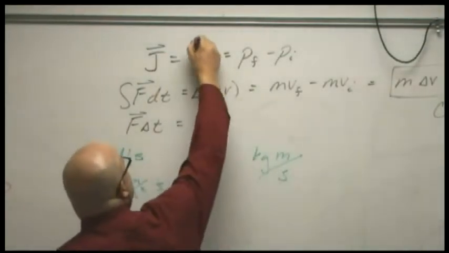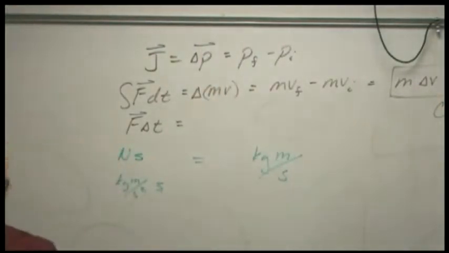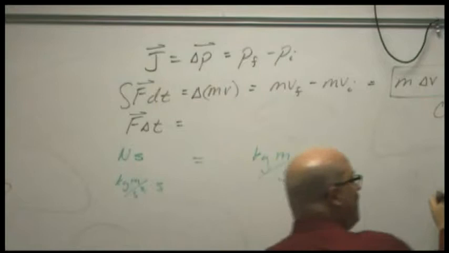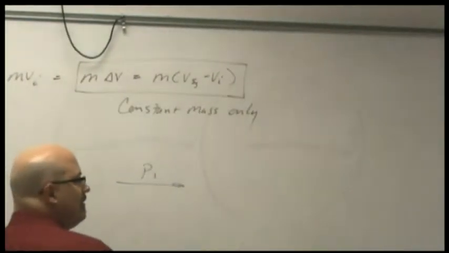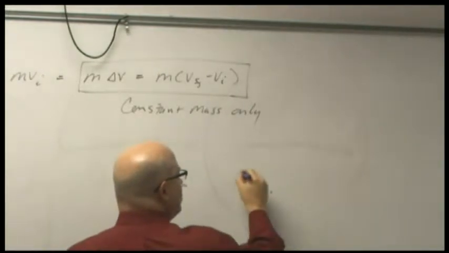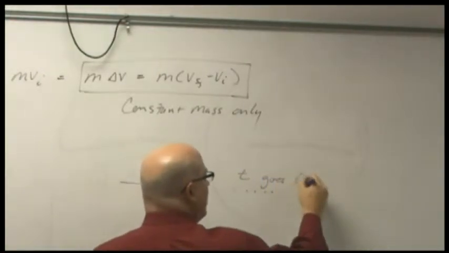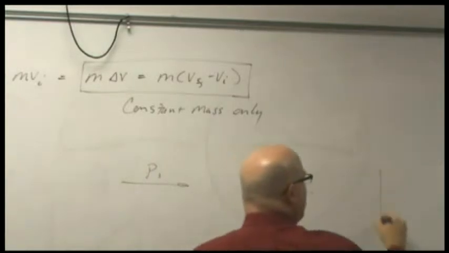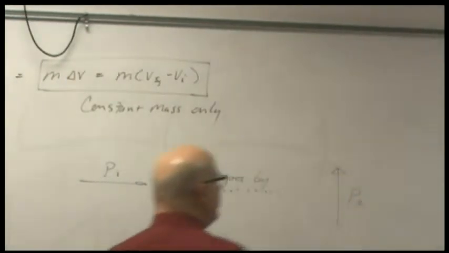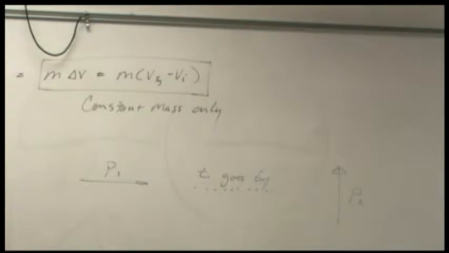This change in momentum is a vector in the direction of the change in momentum, not the initial momentum, not the final momentum, but the change in momentum. Let's go through this again. If I started with this momentum, momentum 1, and sometime later I end up with this momentum afterwards, what's the change in momentum? That way.